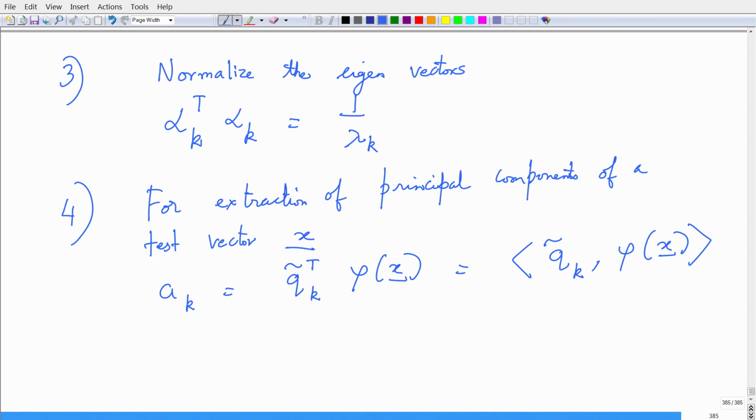So, this completes the details, but you may question what is the need for kernel PCA and what it actually does, right. For example, in the data space or in the input space, depending upon my measurements, my coordinates have a physical meaning, right.